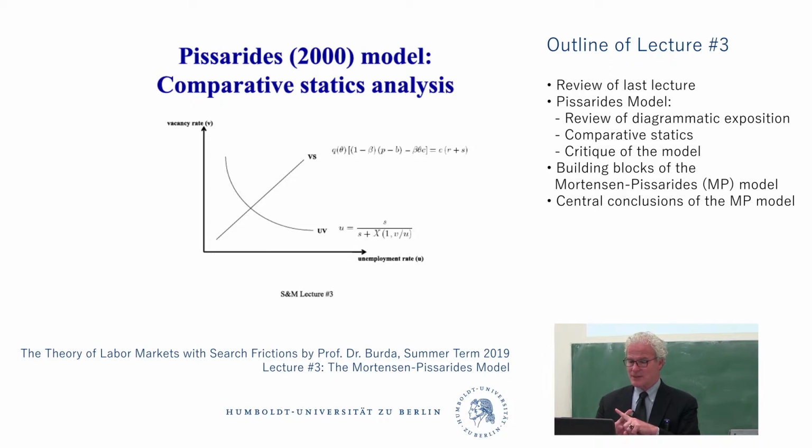The intersection of the VS and the UV curve is the point that the model predicts we observe in the data at any particular point in time, or in any particular local labor market, or both. That's an important thing to remember. Does everybody get that?